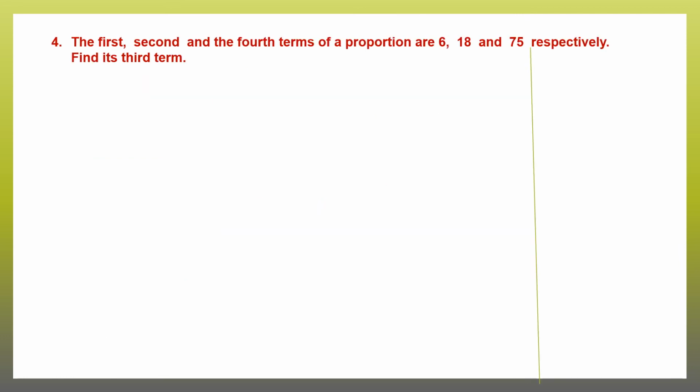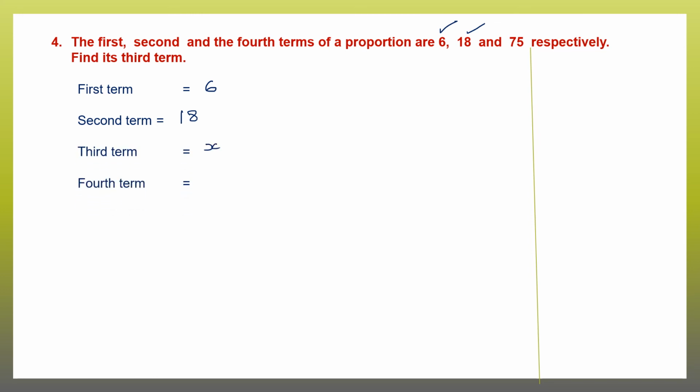Question 4. The first, second and fourth terms of a proportion are 6, 18 and 75 respectively. We have to find the third term. Okay, so what is the first term? First term will be 6. Second term is 18, given in the question. Third term we don't know, so that is x.